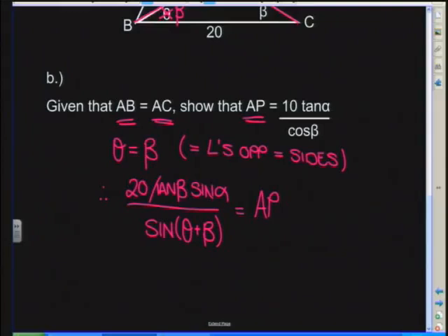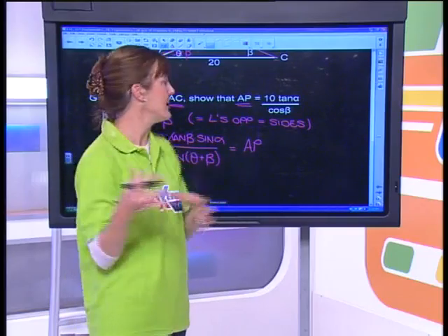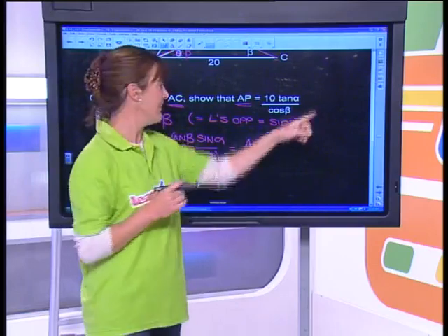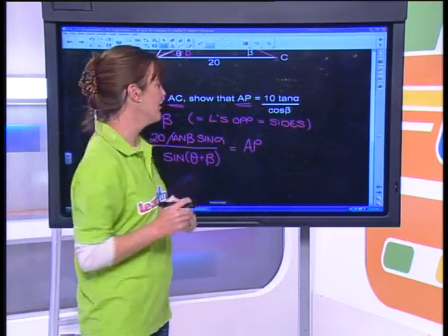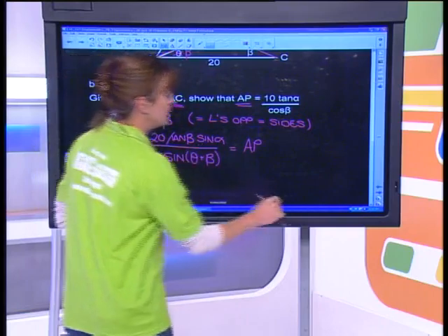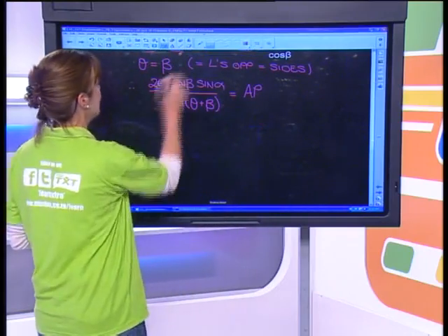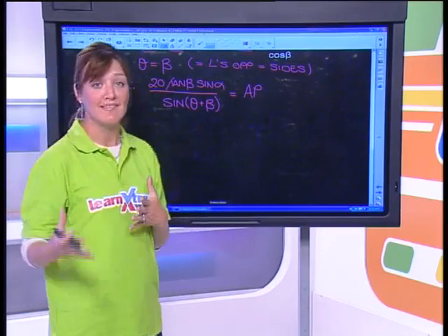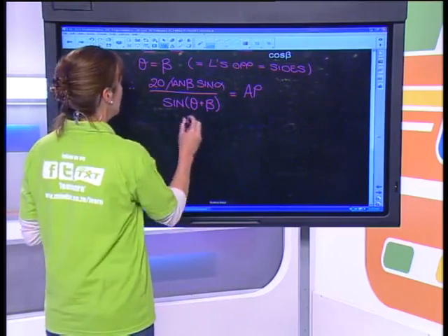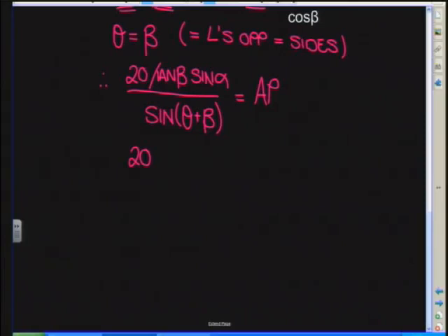And now they've thrown this little twist in the tail and said, no, well, hang on, actually, rather write AP as, and they've given it to us as 10 tan alpha over cos beta. So we've just stated that, in fact, theta and beta are equal to each other because it's an isosceles triangle. So therefore, I'm going to take the formula that I've just proven was equal to AP, except where I have a theta, I'm going to replace it with a beta.